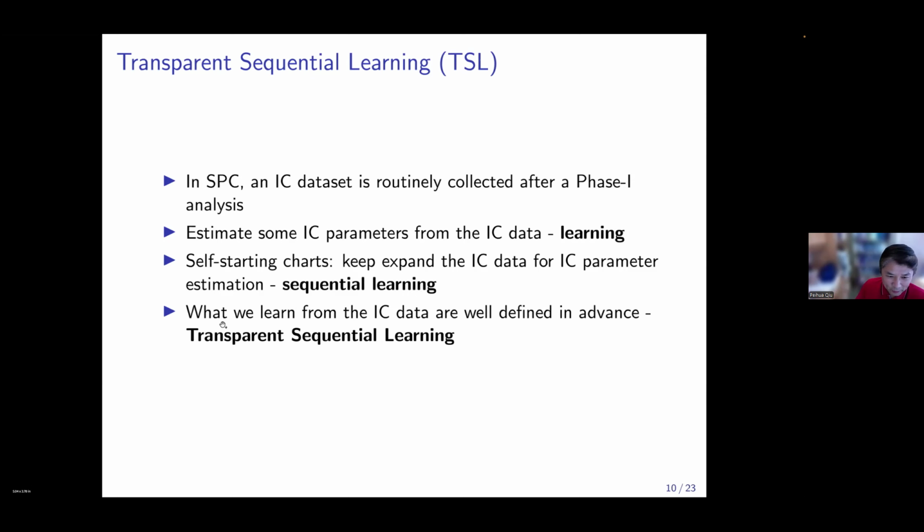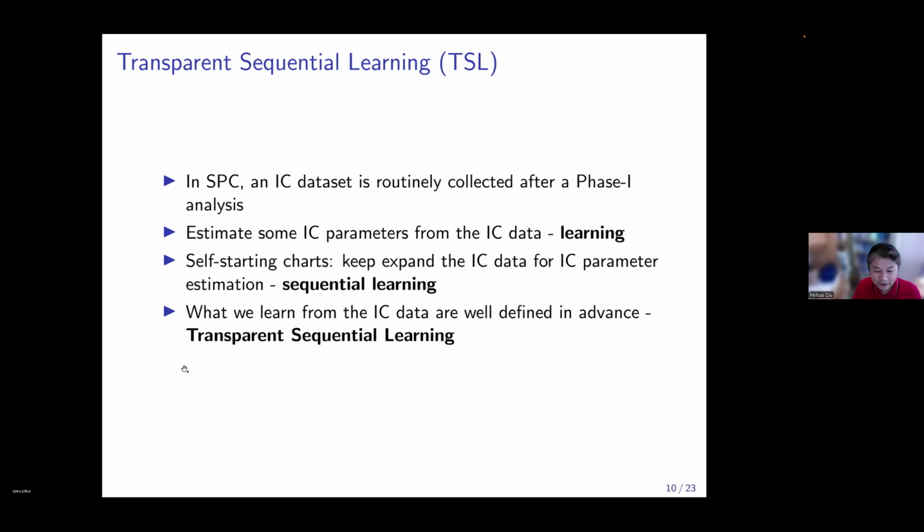What's more is that what we learn from the data is well defined in advance. For example, we want to learn the mean and the standard deviation. So that's transparent sequential learning. For example, we often use the sample mean to estimate the population mean. Their statistical properties can be well derived. We know when they will perform well and when they will not.